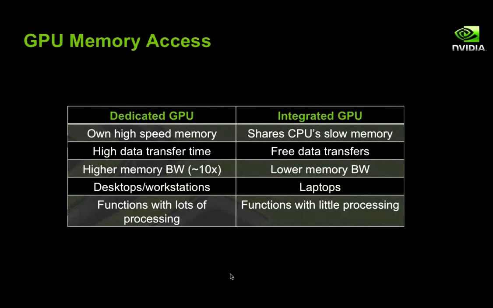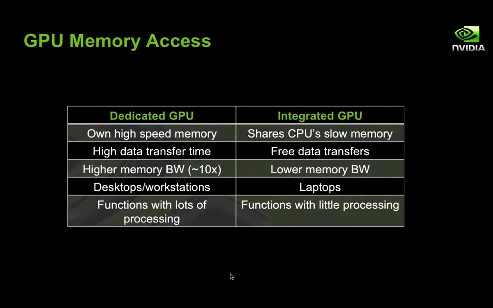There's one other thing to note about the GPU memory. Basically you can have two kinds of GPUs. You can have a dedicated, or discrete, GPU, which is often connected to your system via PCI Express, or you could have an integrated GPU.